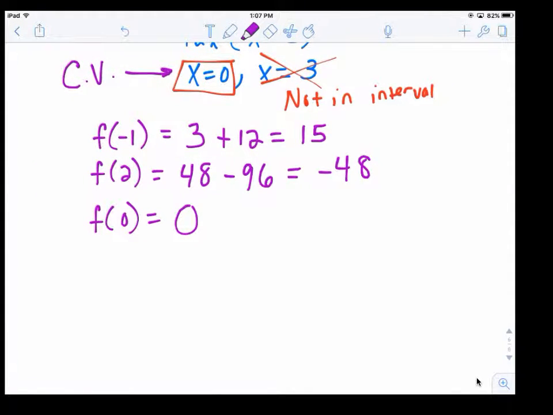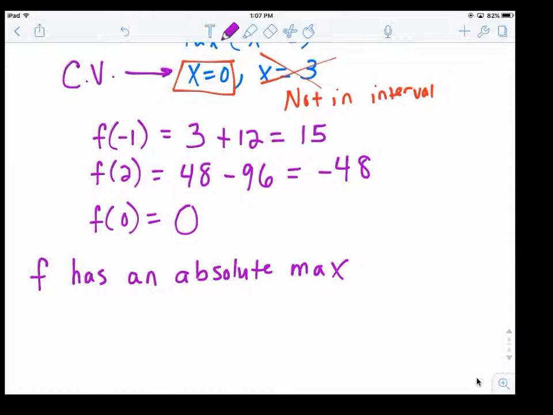All right, so based off of that, what do we figure out? So we have an absolute max of what? 15 at x equals -1.